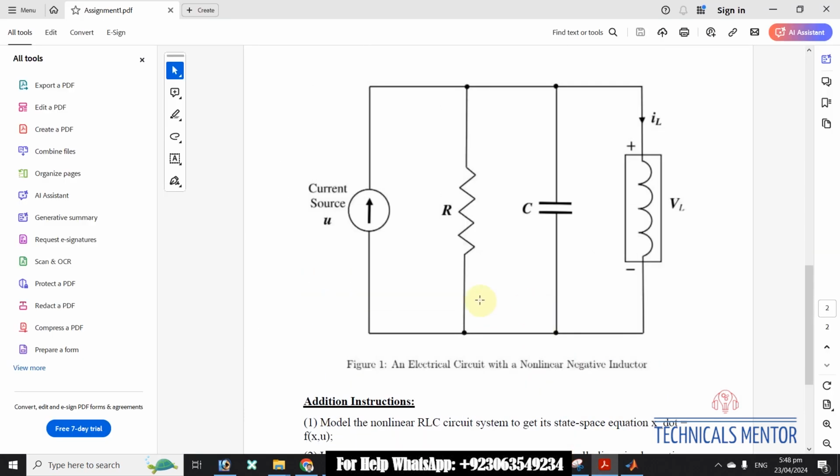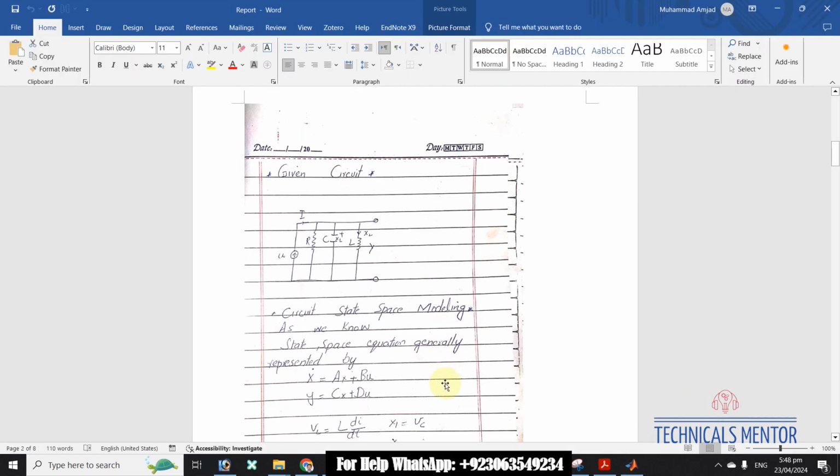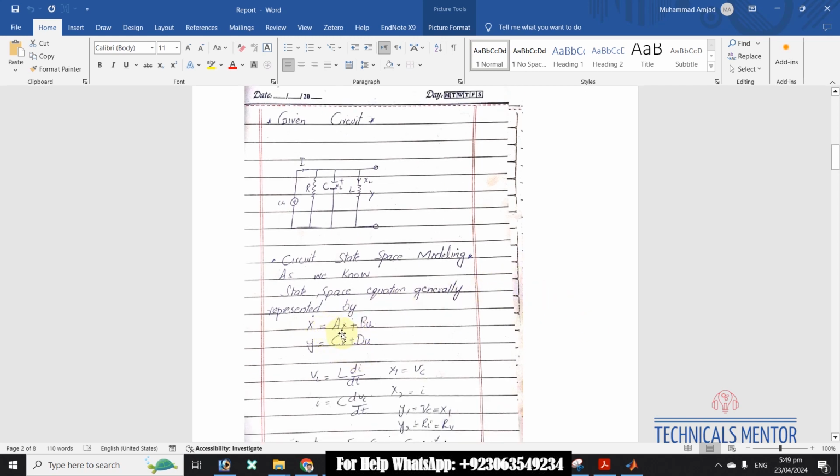The circuit is already given. As we know, the state space equation is generally represented by x dot is equal to Ax plus Bu and y is equal to Cx plus Du.